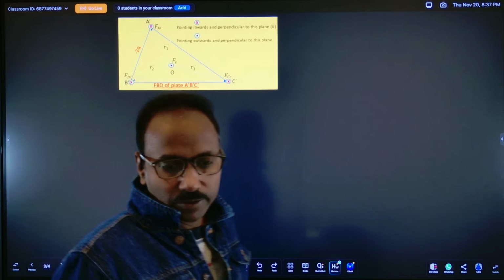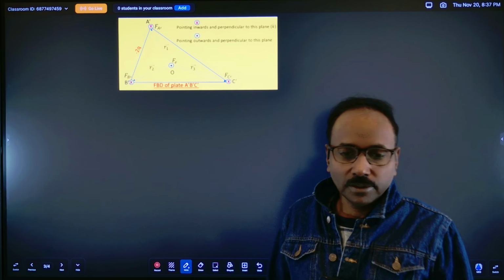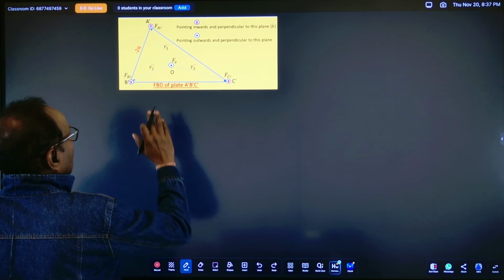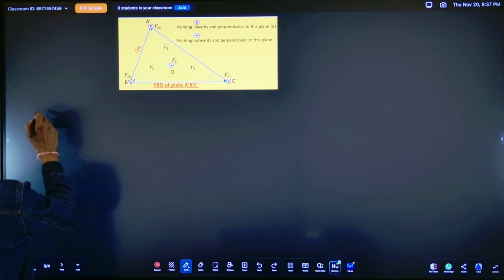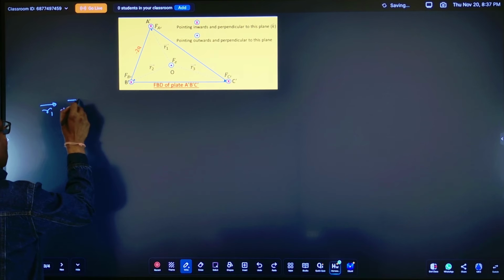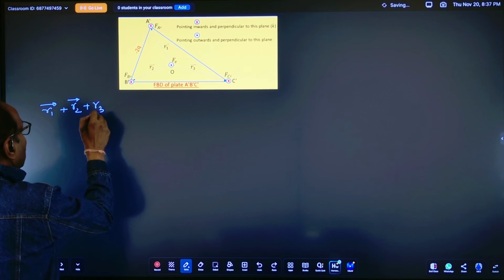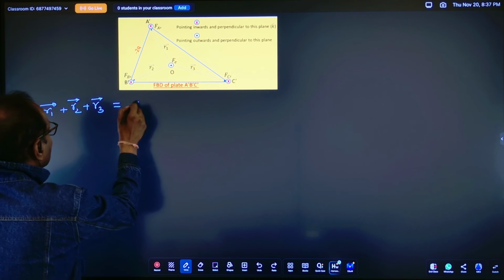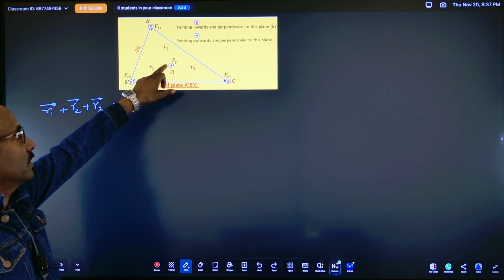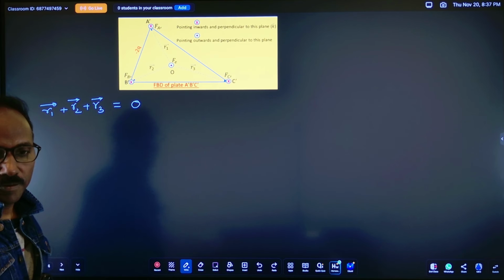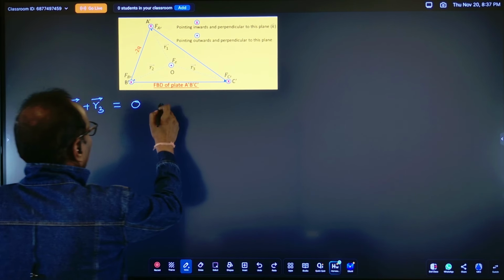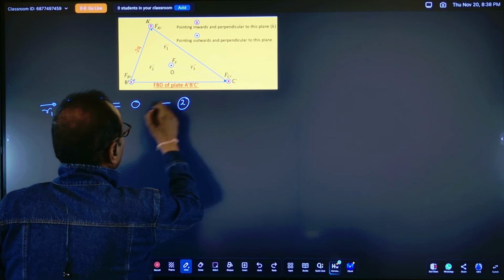So from the vector we know that R1 vector plus R2 vector plus R3 vector sum will be 0, since the position vector is being taken from the centroid of this triangle. So this is your equation number 2.